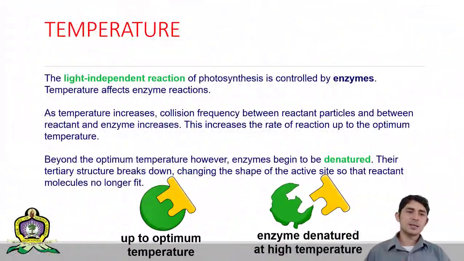So in plants, we know that photosynthesis is orchestrated by enzymes, and enzymes enhance the chemical reaction. That means that the more enzymes there are, the faster the reaction. And we also know that enzymes are very sensitive to temperature. Why?